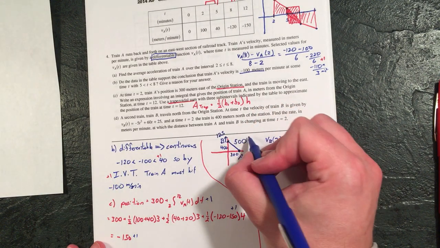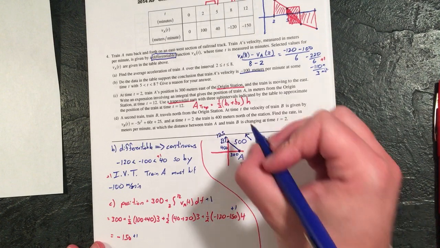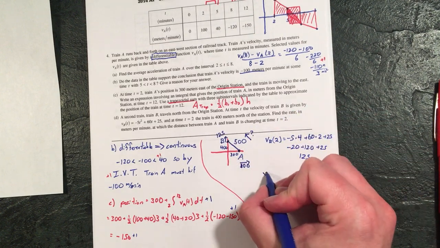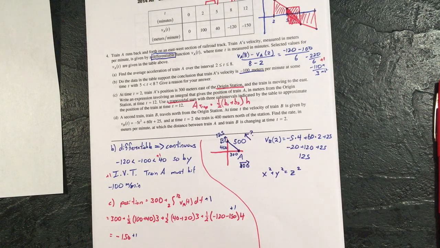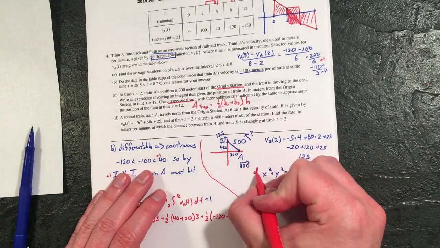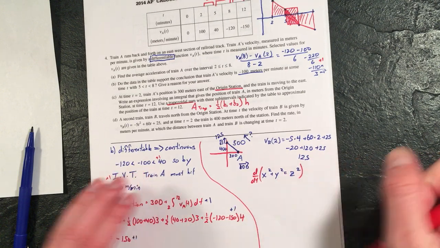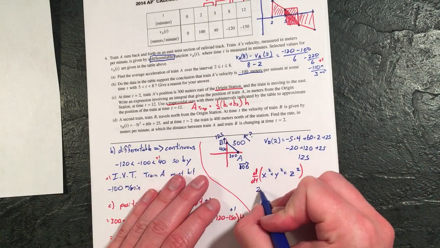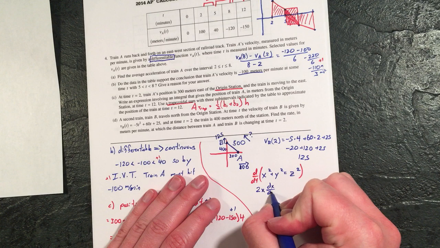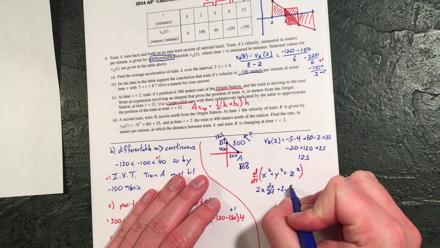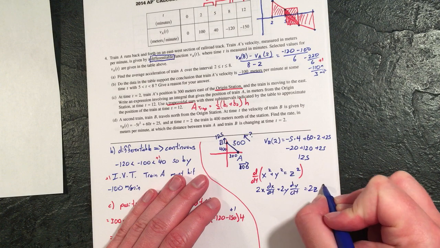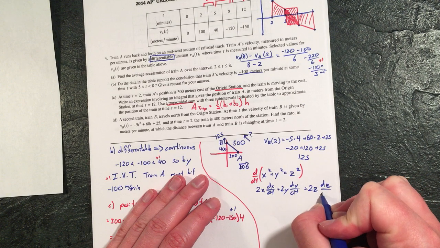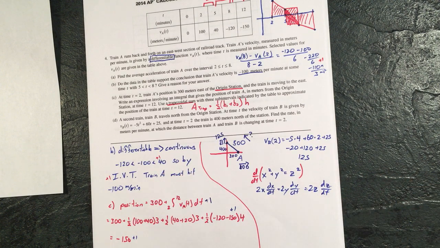And we want to know what this distance is changing at. So you do need to write out your expression, x squared plus y squared equals z squared. We can take the derivative with respect to time here. Didn't we miss implicit differentiation? So much.